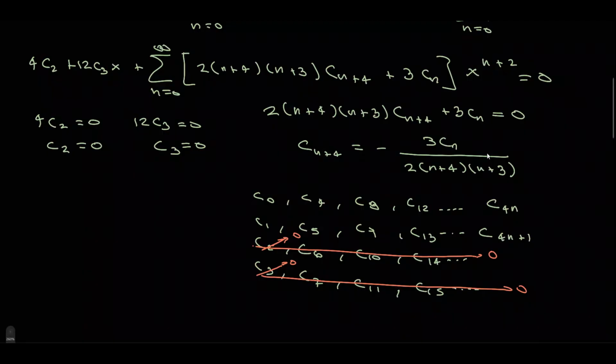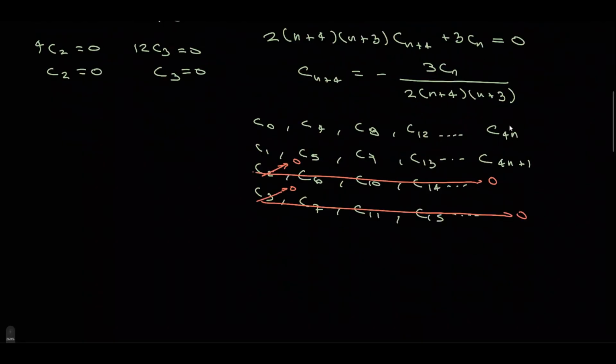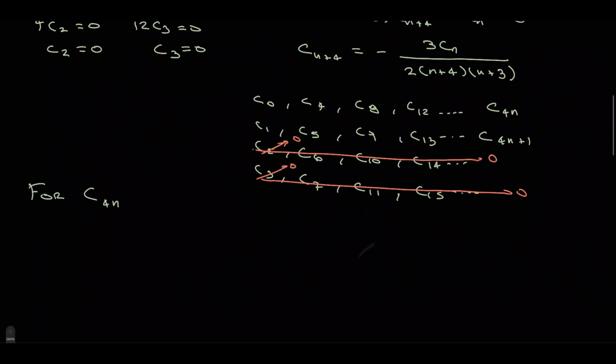All right, well, let's generate some of these coefficients. I'm going to generate coefficients for c sub 4n, so I'm going to start with 0.